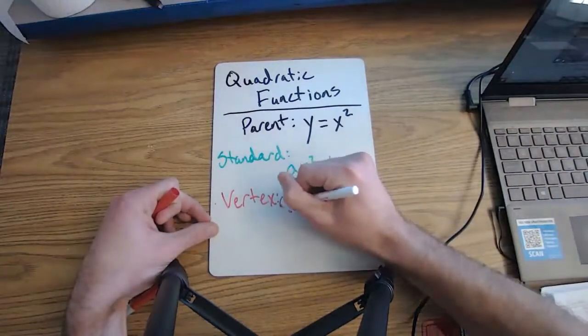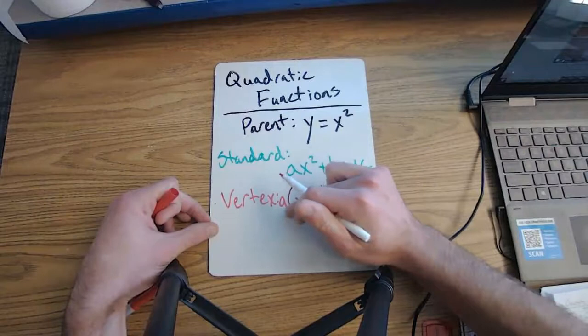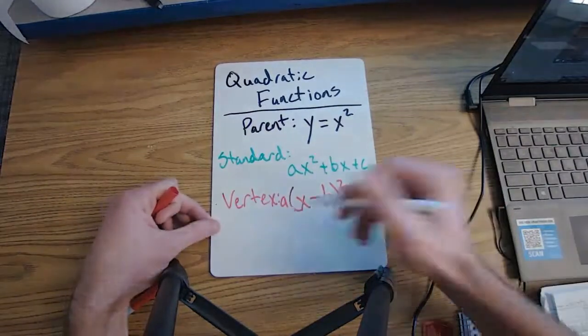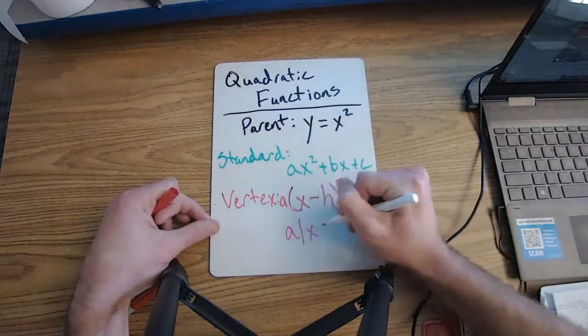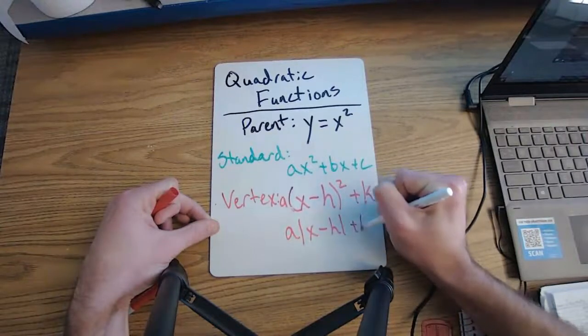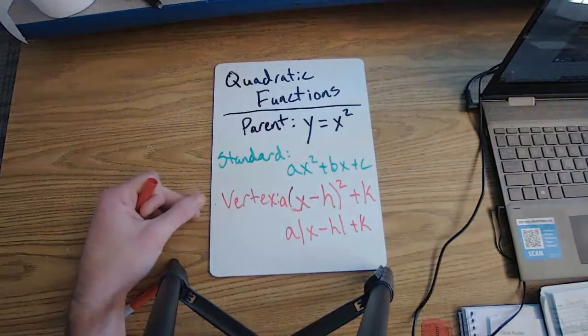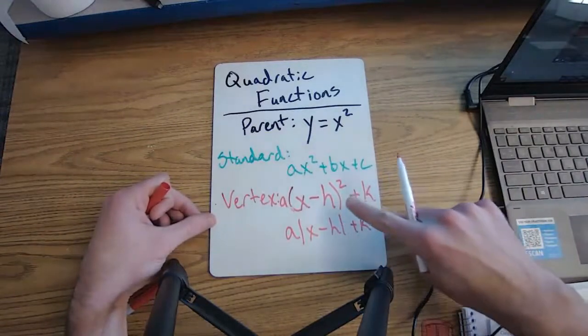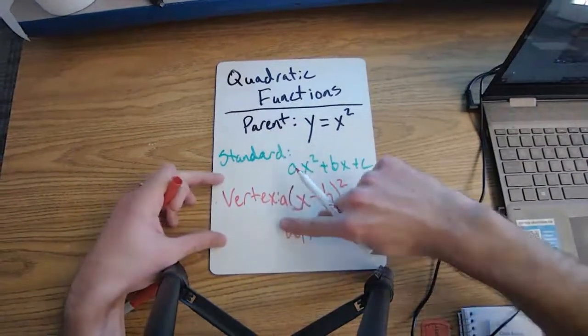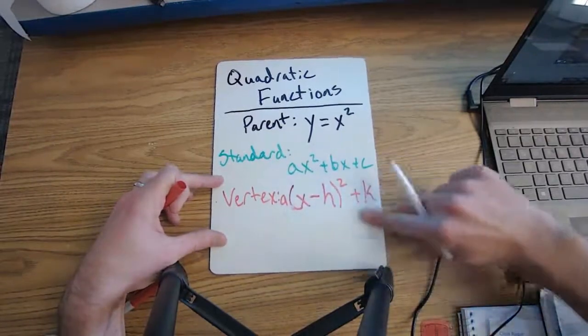So that looks a lot like a times the absolute value of x minus h plus k, like the one that we did before, okay? And what you can kind of guess is this h and this k in vertex form is going to help us with our vertex, okay?